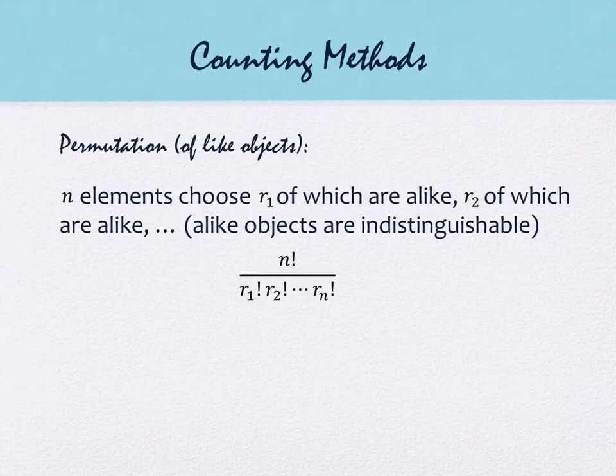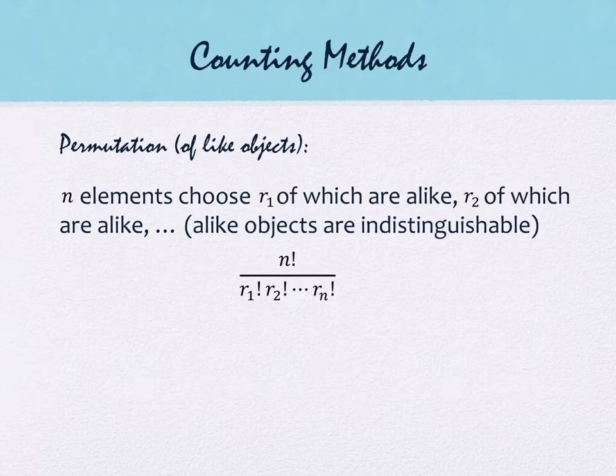All right, another counting strategy is permutation of like objects. So let's talk about what it is, and then I'll tell you how it's used. If you have n elements, n objects, and you're going to choose a few of them, r sub 1 of them are alike, r sub 2 of them are also alike, all the way up to r sub n, whatever that looks like.